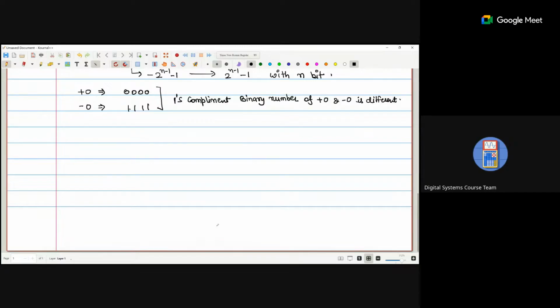Yes. Now we go to the third one, that is 2's complement. We start with plus 0 and minus 0. If plus 0, I can write 0 0 0 0. If minus 0, the number should be 0 0 0 0 as well.